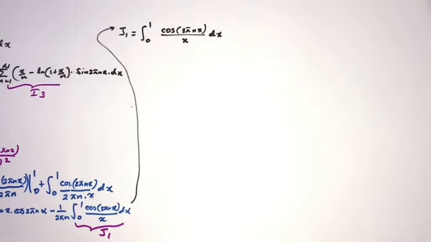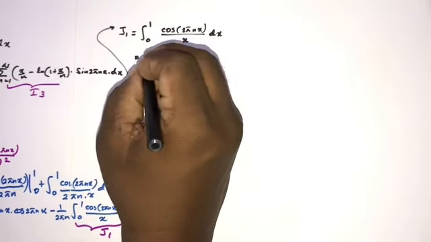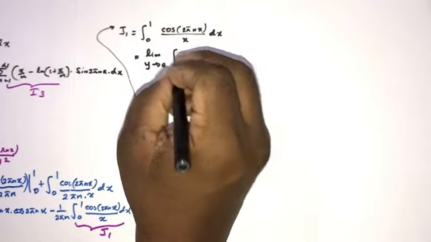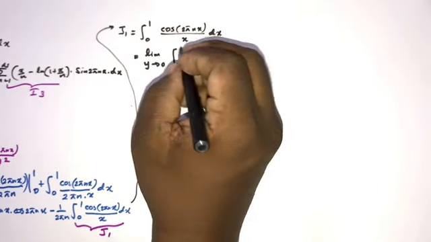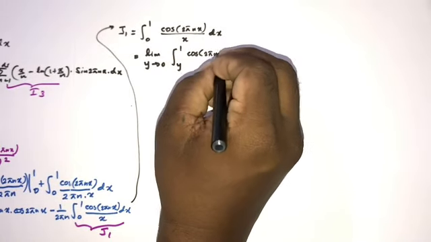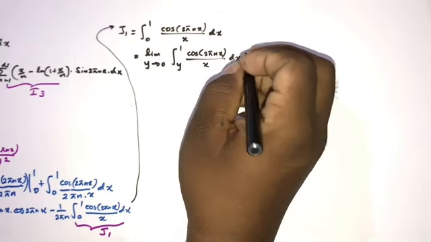Now here we have 1, so I am going to take the limit as y approaches 0 of the integral from y to 1 of cosine of 2 pi nx over x dx.